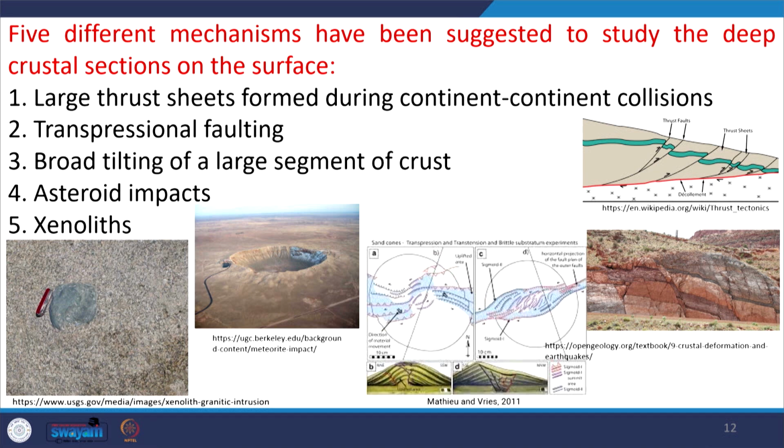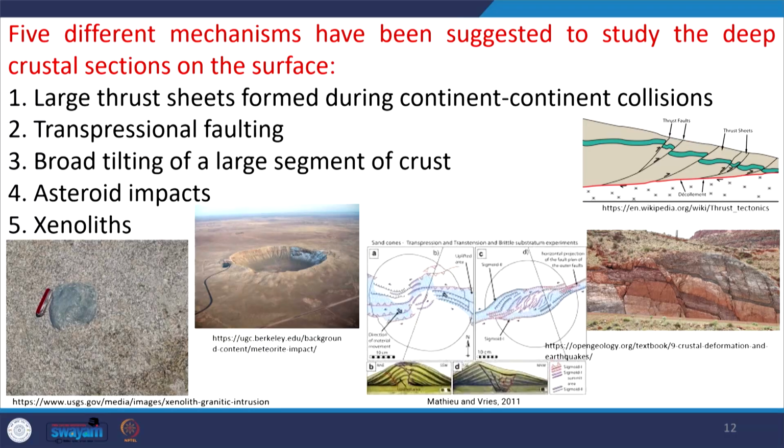That is why you are seeing the higher crystalline rocks, which once upon a time were formed at higher depth, now exposed at the surface. Due to thrust migration, these rocks formed at higher pressure and temperature regime are coming close to the surface or onto the surface.